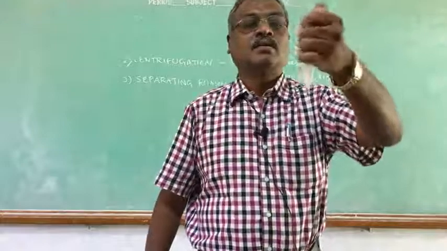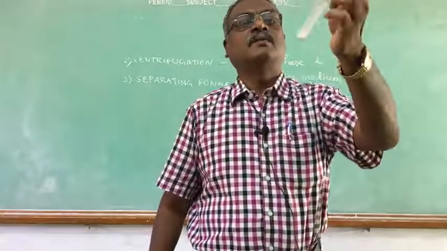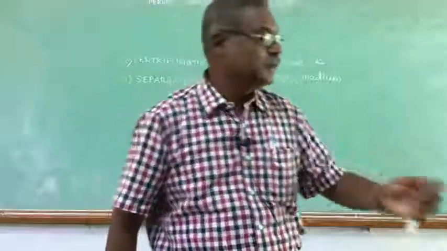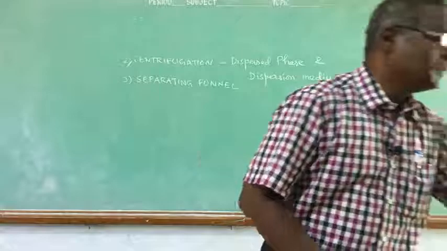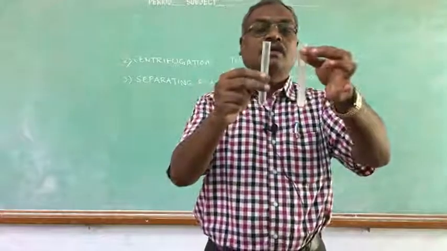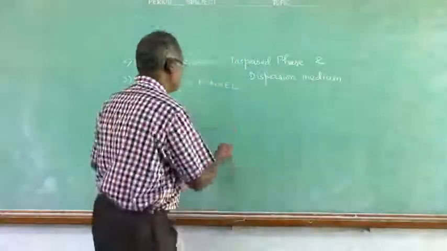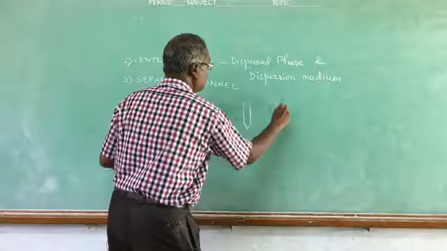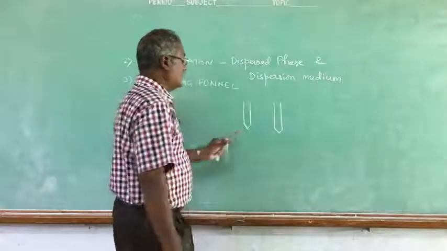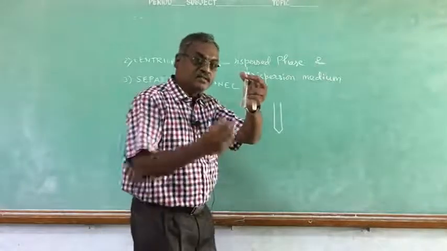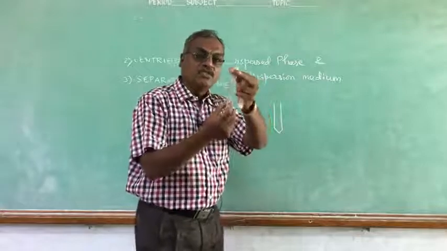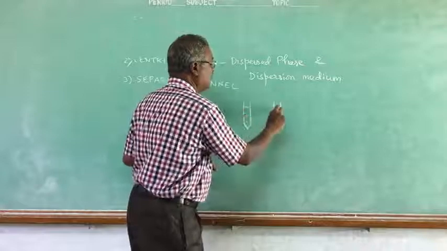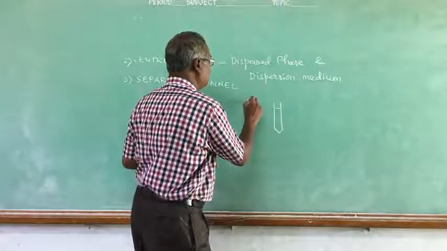Now some of the particles are deposited, some of them are not. So here, for centrifugation, I am taking an equal amount of water in another test tube. There is a test tube called a centrifugation tube. This is a normal test tube, whereas a centrifugation tube has a cone shape at the bottom. Here you add the colloidal solution, here you add water, and there is a machine.